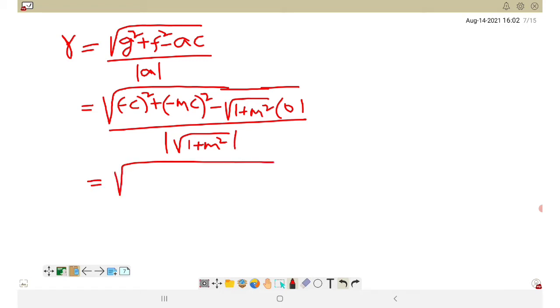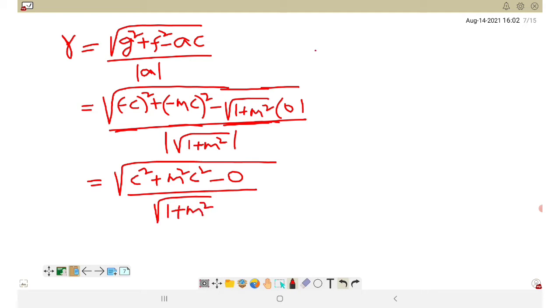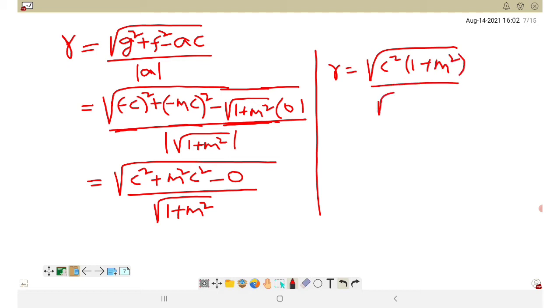Square root of minus c whole square, c square, plus minus mc whole square, m square c square, minus square root of 1 plus m square into 0 by mod square root of 1 plus m square. So r is equal to square root of c square common, 1 plus m square, by square root of 1 plus m square.